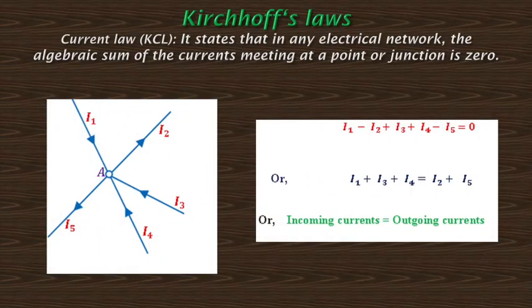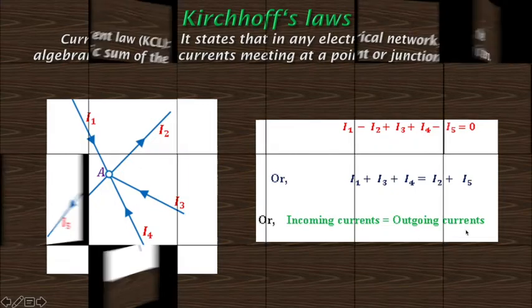As per the law, I1 minus I2 plus I3 plus I4 minus I5 equals 0. So we get I1 plus I3 plus I4 equals I2 plus I5. That means incoming currents equal outgoing currents.